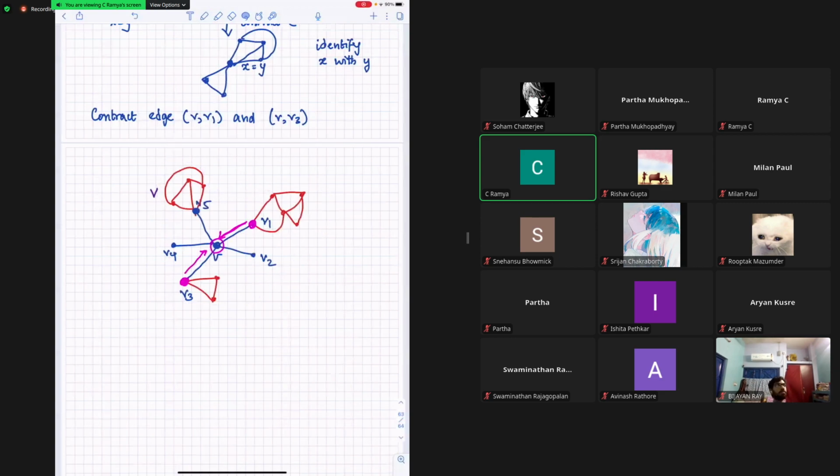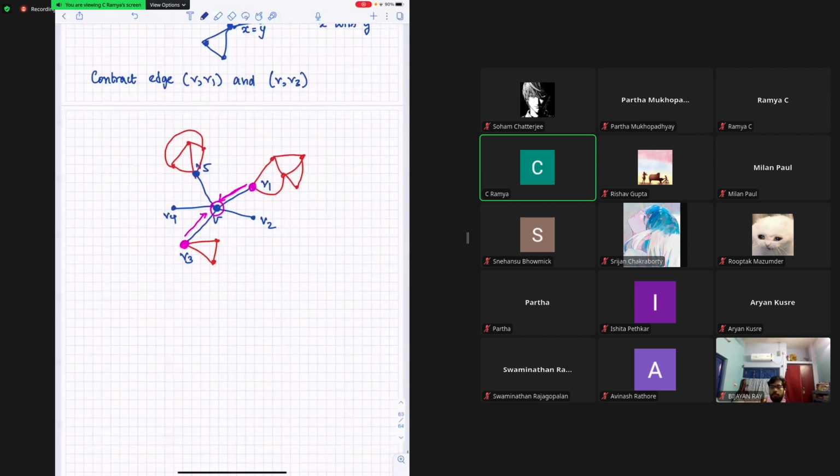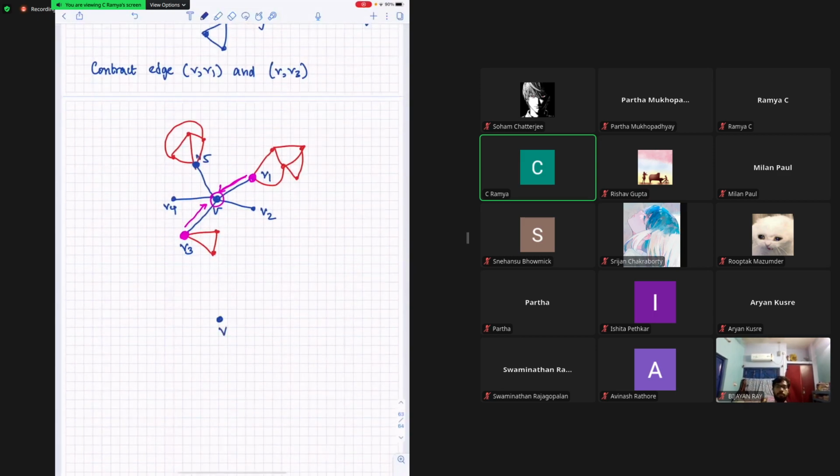So after contraction, how does the picture look? It will have V, there will still be V2, V4, V5. Those three things will remain untouched. And then there are these other portions. There is a triangle here.